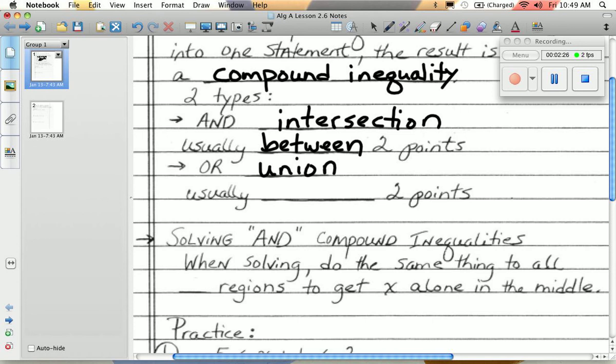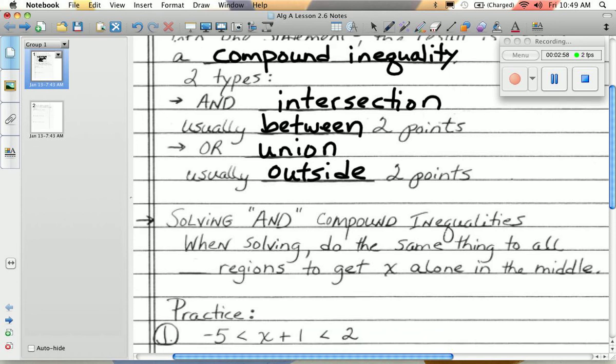It can come from just one or the other. It doesn't have to come from the intersection of them. It just has to come from the union of them. And that is usually outside the 2 points. Typically, when we graph an OR, you can pretty much count on it being outside the 2 points, or opposite the 2 points, is another way to put it. Okay?